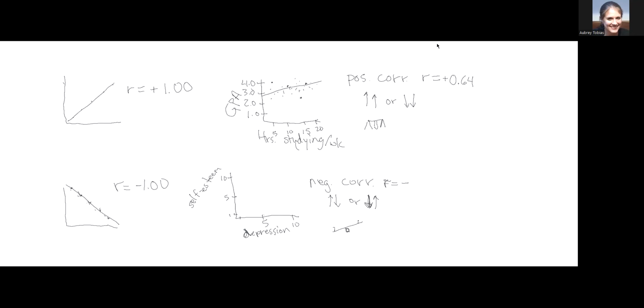And say I get back some data from people. Someone says, I have really high self-esteem, I don't really feel depressed. Their data point's going to be about there. Somebody else says, decent self-esteem, sometimes I feel depressed. Their data point's there. And someone who says, I struggle with depression and my self-esteem's not great.